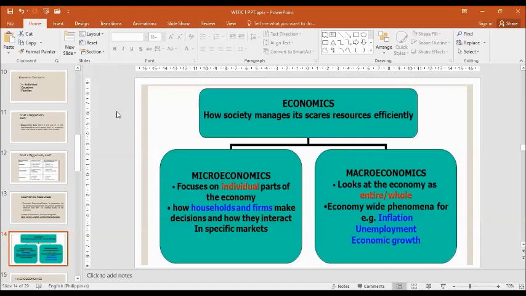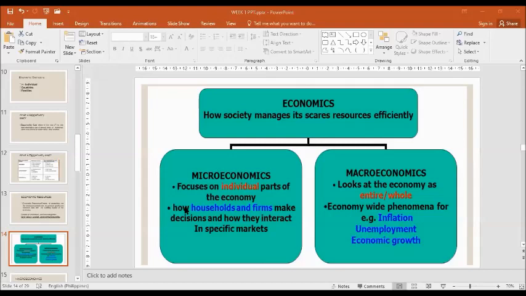You can differentiate between the two from the words: micro means small, macro means large. So microeconomics focuses on individual parts of the economy. It involves how households and firms make decisions and how they interact in a specific market.